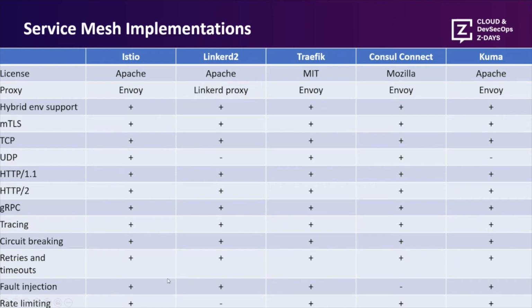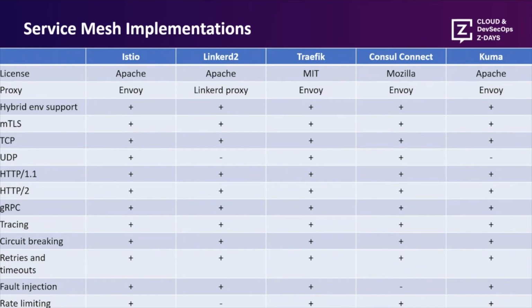Istio, Linkerd, and Traefik will be your main choices if you're looking for an open source service mesh.